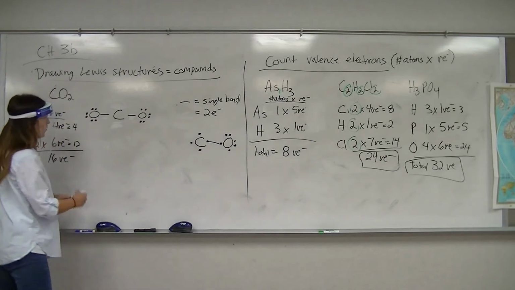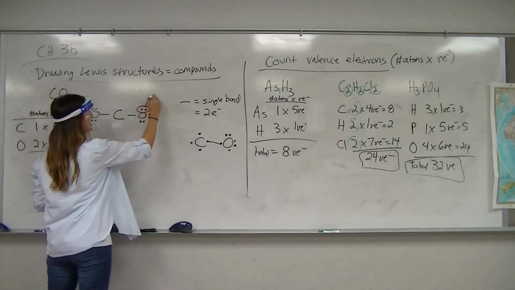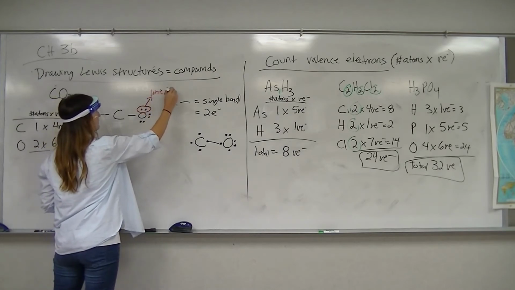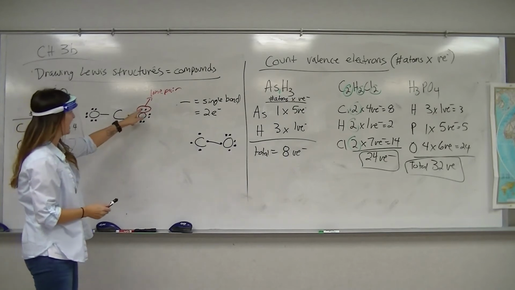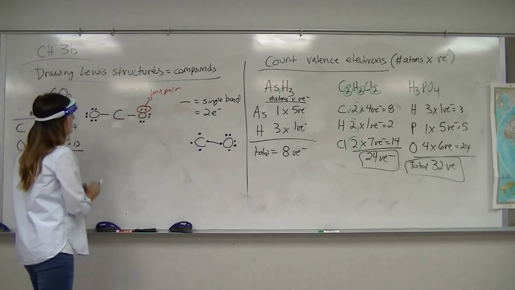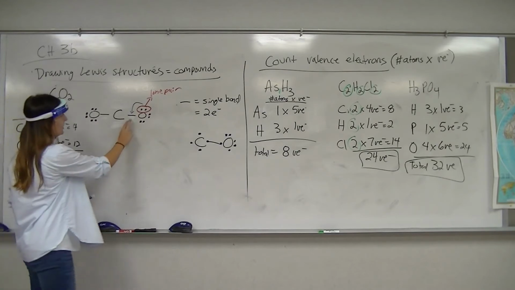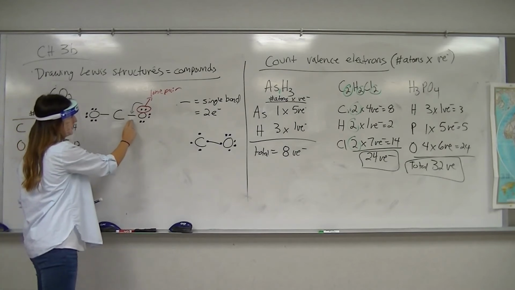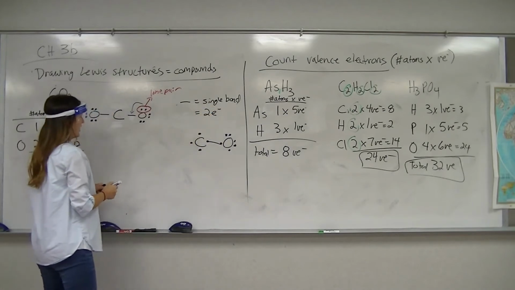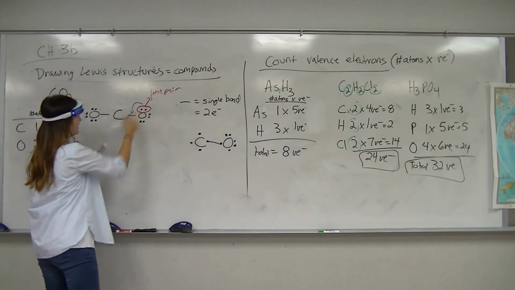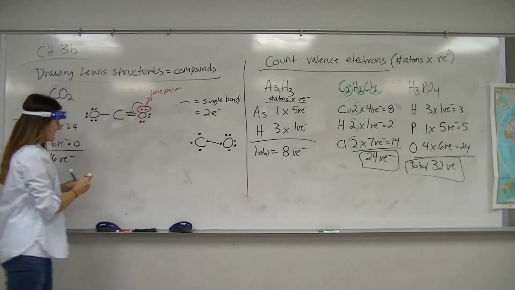So what it means by lone pair, this set of 2 electrons, this is a lone pair. So what we can do is we can take this lone pair and put it here to make a single bond, which will make this a double, right? So we said a single bond is 2 electrons. Well, now we're going to put this electron pair here, so draw another line. Now we have a double bond.